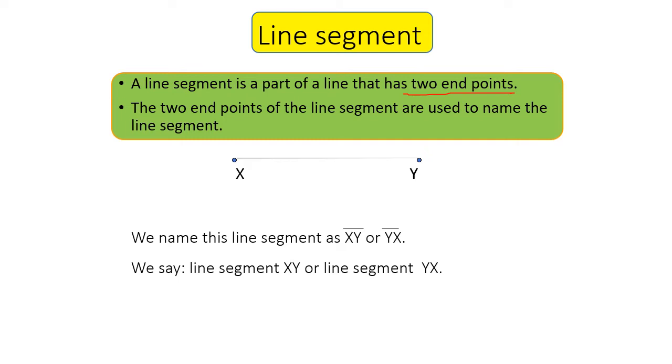For example, say this is line segment XY. How to write? Line segment XY. And you can observe carefully, there is no arrow sign on this because it doesn't extend on both sides. So it is ending at X and Y. So a segment is a part of a line. A line segment is a part of a line.